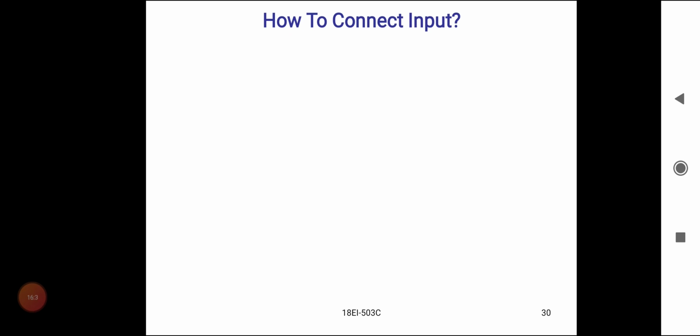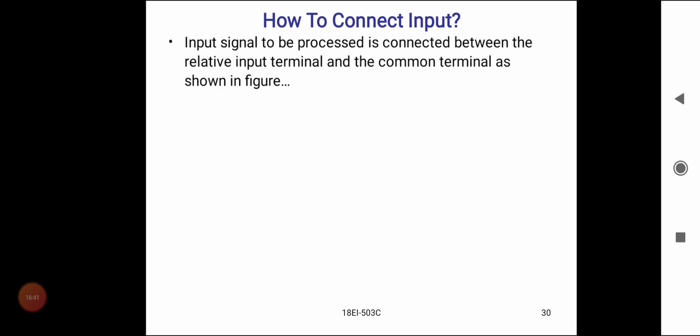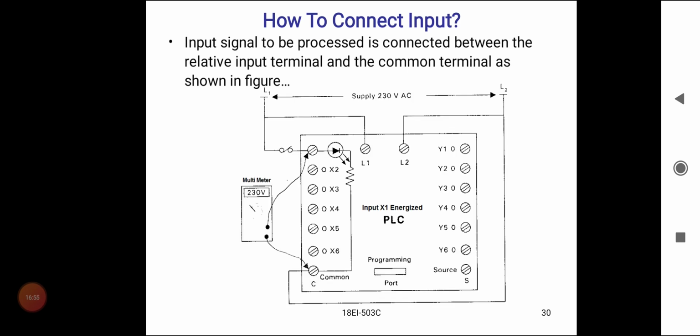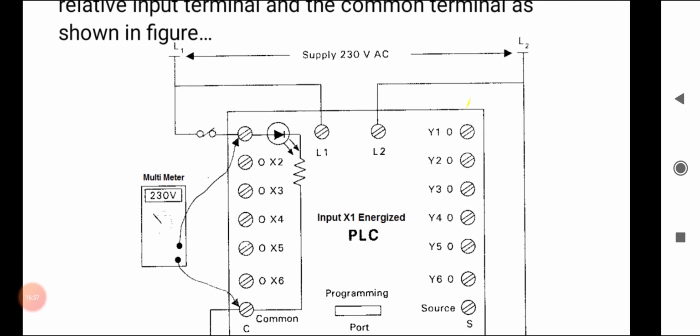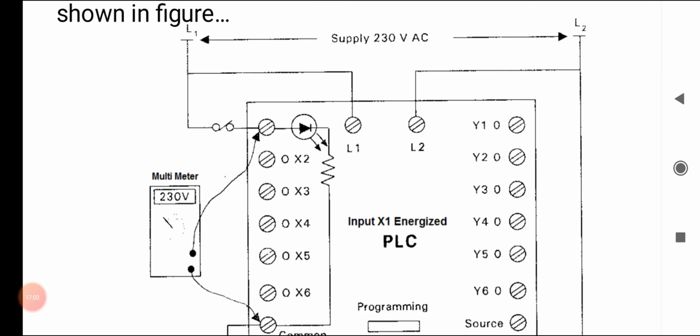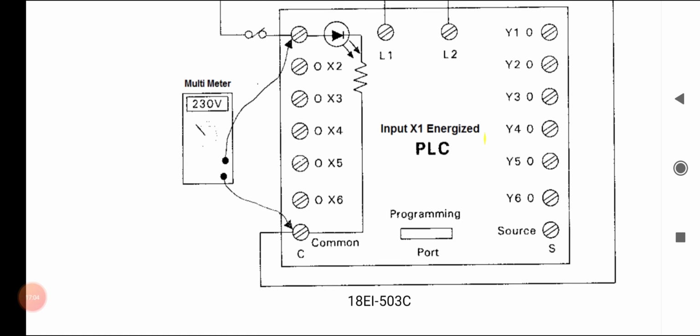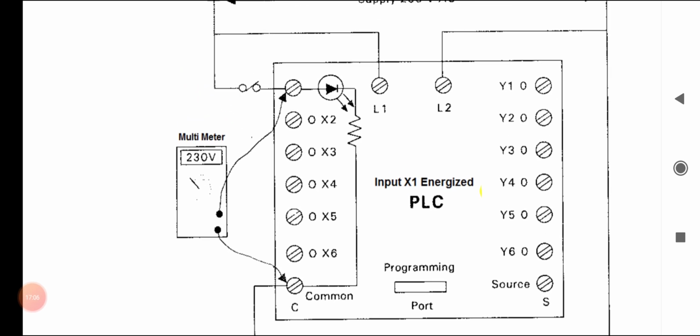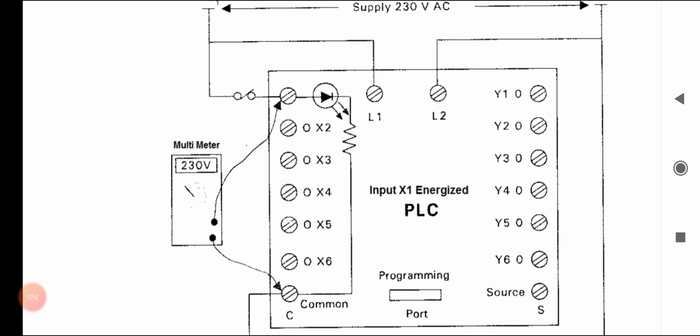How to connect input? Input signals to be processed are connected between the relevant input terminals and the common terminal as shown in the figure. A multimeter shows 230 volts between the common terminal and the X terminal.